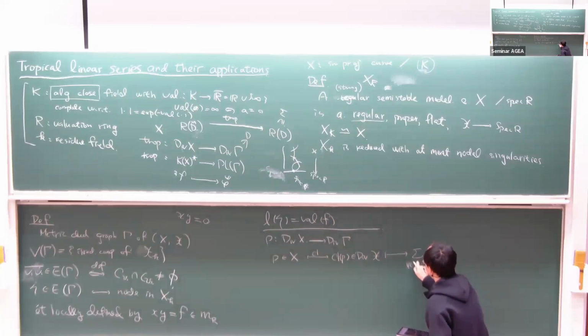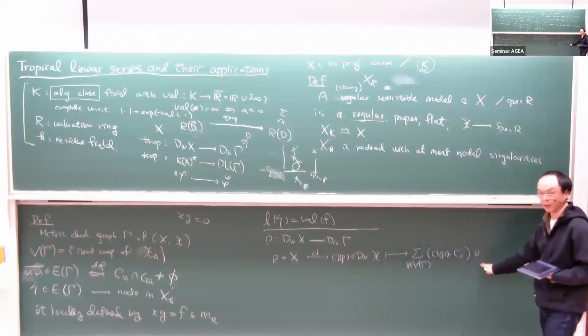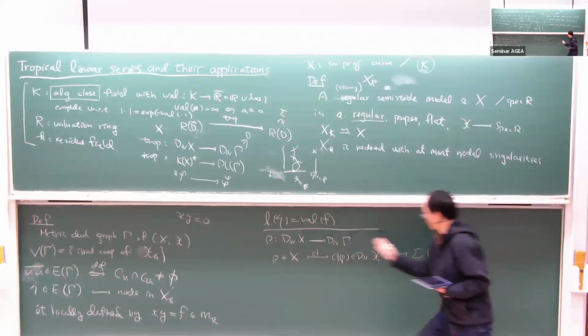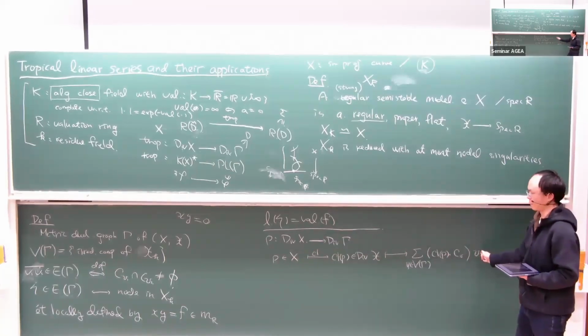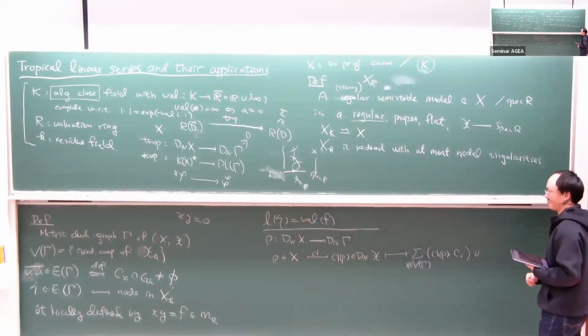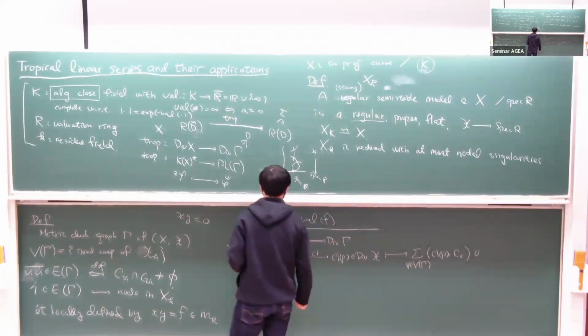V goes through every vertex of gamma, and the coefficient is the intersection of this Cartier divisor with the irreducible component given by the vertex V, summed over all V. This gives you a map from a point to an effective divisor on the graph, and you extend everything linearly. That gives you the specialization map between the divisor group of a curve and its skeleton.